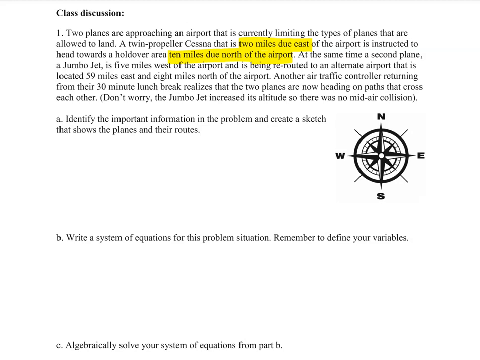At the same time, a second plane, Jumbo Jet, is 5 miles west of the airport and is being rerouted to an alternate airport that is located 59 miles east and 8 miles north of the airport. Another air traffic controller returning from their 30-minute lunch break realizes that the two planes are now heading on paths that cross each other. Don't worry, the Jumbo Jet increased its altitude so that there was no mid-air collision.